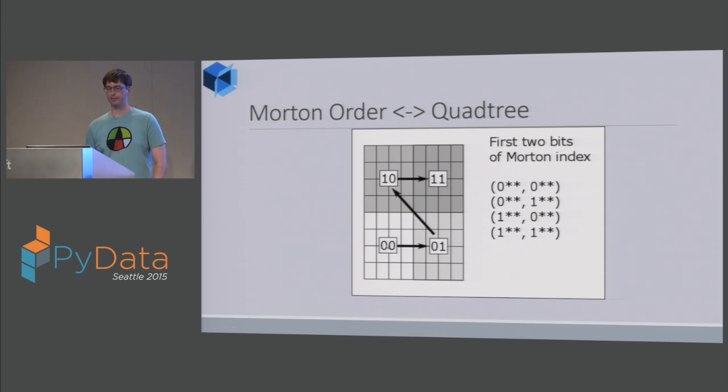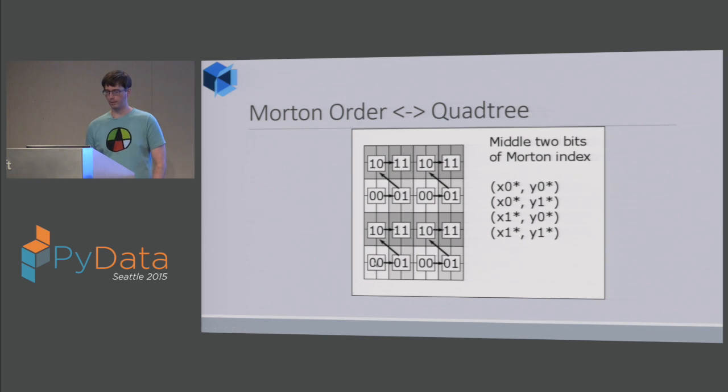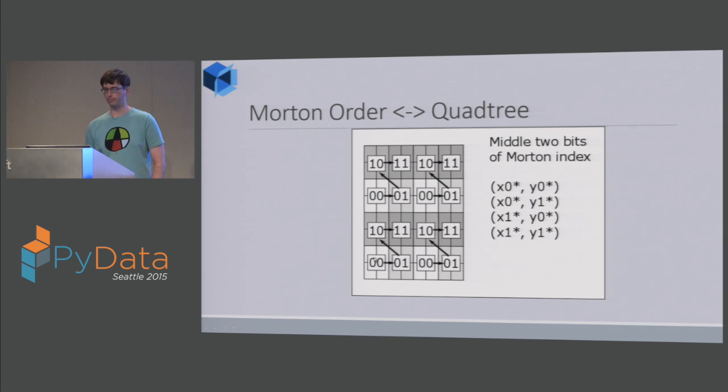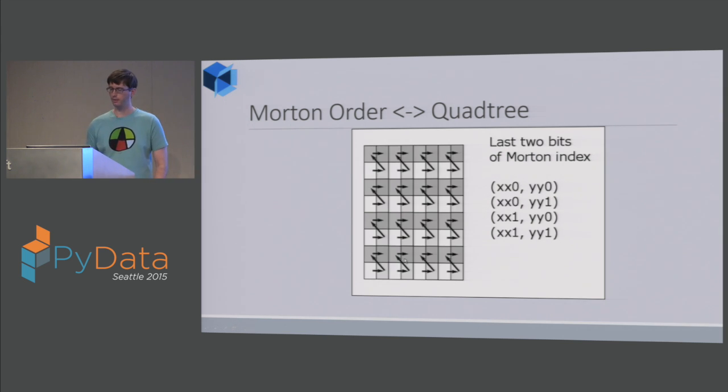So that means we visit all the children of 0 and then all the children of 1. But you can imagine how that works. So here in this node, we go down a level, and then we go down a level, and then we look at these first 4. We go back up, we follow the arrow, we're at 0, 1, visit these. So we're just going through everything in Morton order.